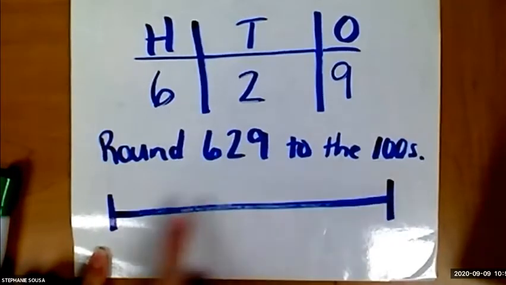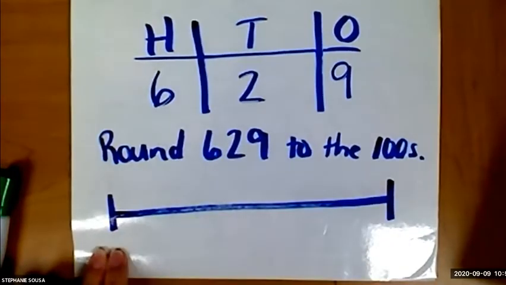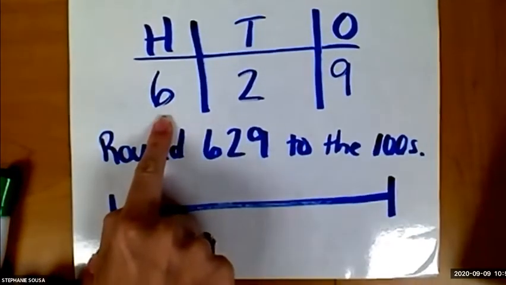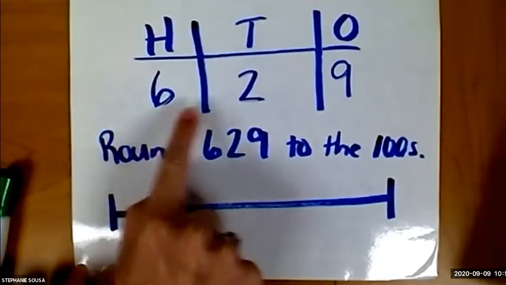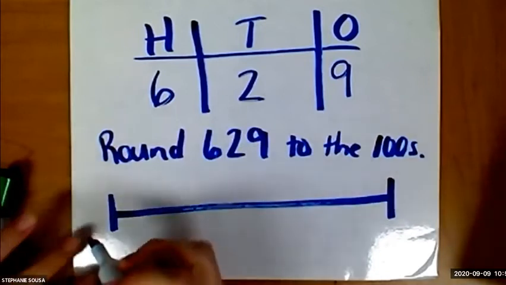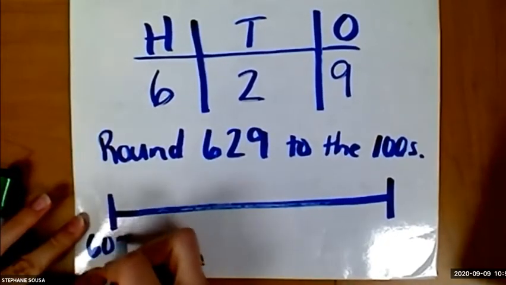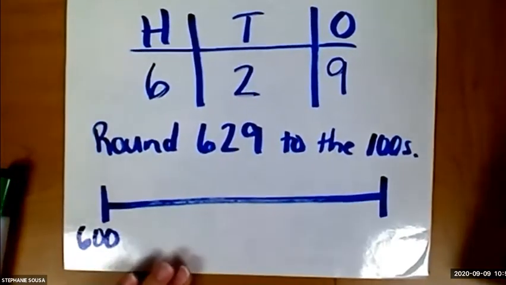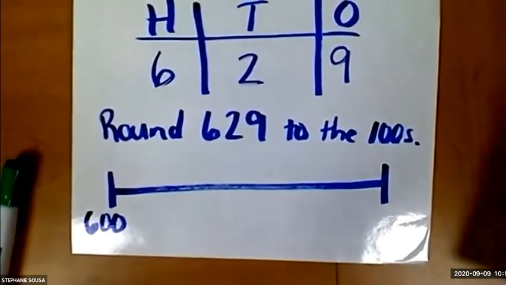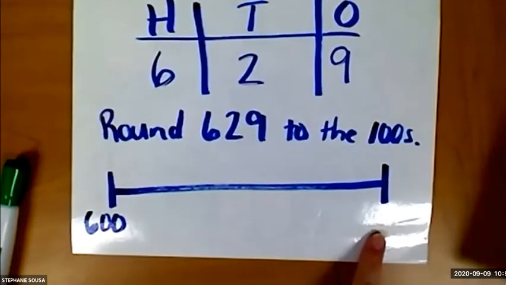Round to the hundreds, benchmark a hundreds. We say the first benchmark number when we say the name, 629. So our first 100 is 600. Now, you guys know this. We're counting by hundreds. We just said 600. What comes after 600?